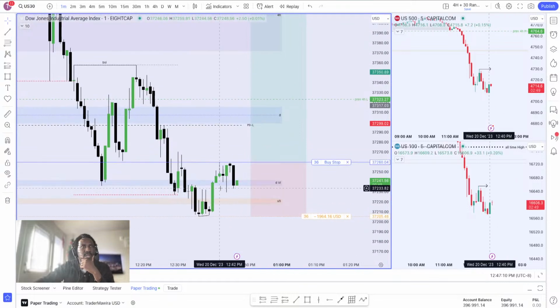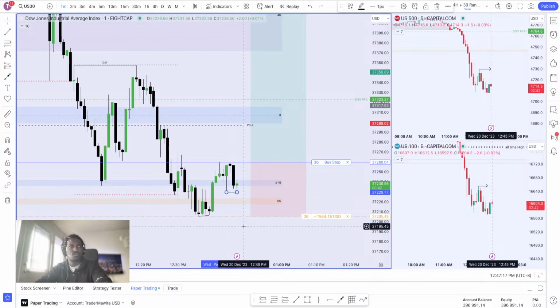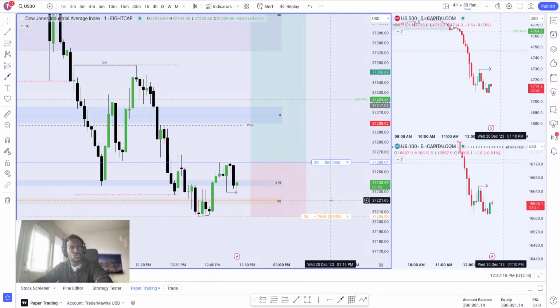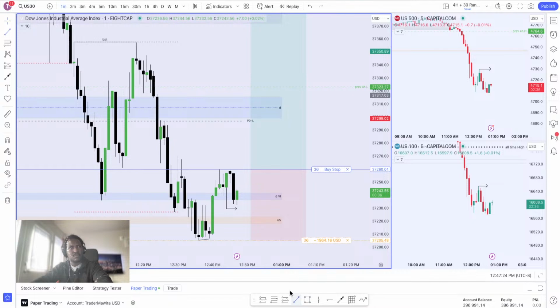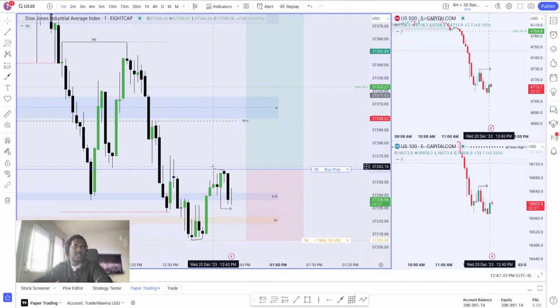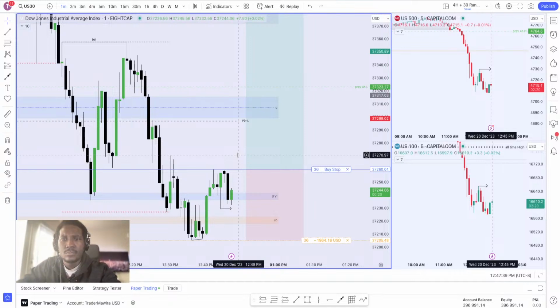Now this swing low is taken, then again, we do have some equal lows over there. Okay, let me just get rid of those. Now we just wait.